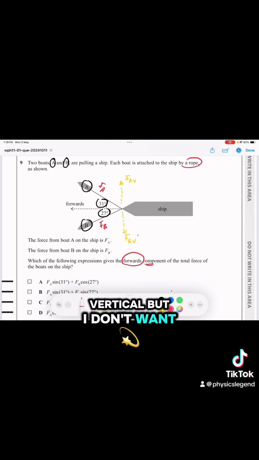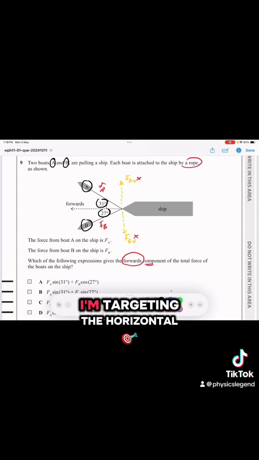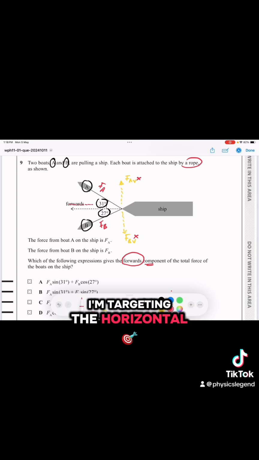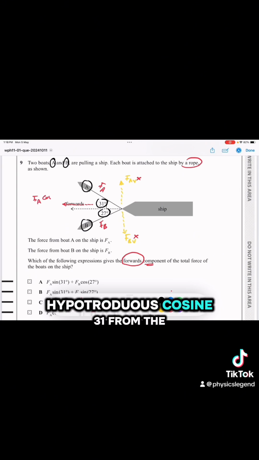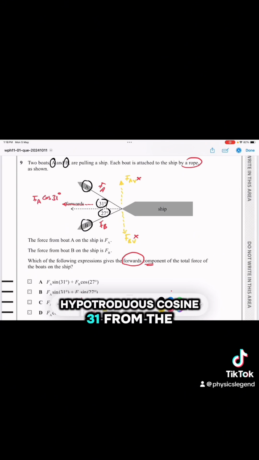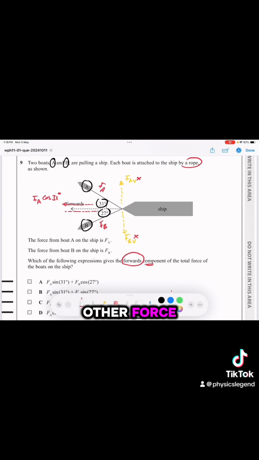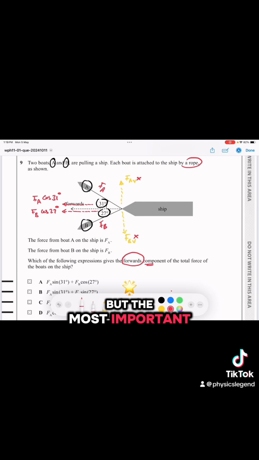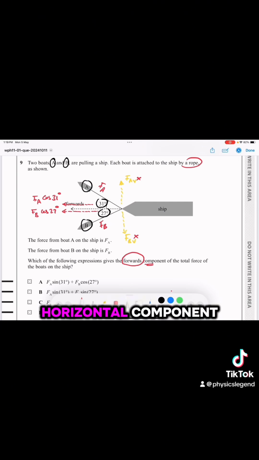But I don't want these components. I'm targeting the horizontal one here, which is FA, the hypotenuse, times cosine 31. From the other force, we have another component, FB cosine 27. I'm not sure which one is greater, by the way, but the most important thing is that these are the two horizontal components.